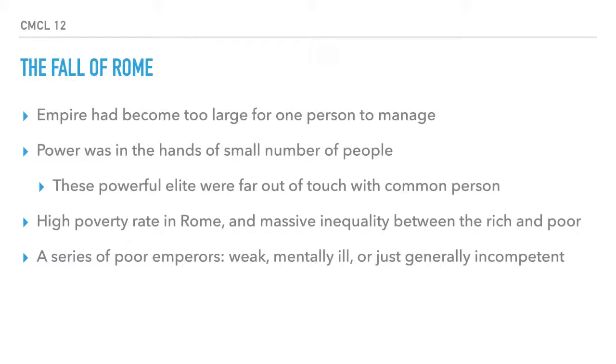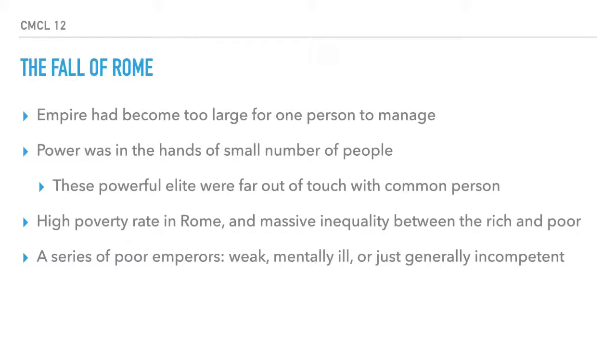So the Roman Empire has become too large for one person to manage. Power is in the hands of a small group of people who cannot really make all of the decisions that are needed. We still have a big gap between rich and poor in Rome that is really never resolved.